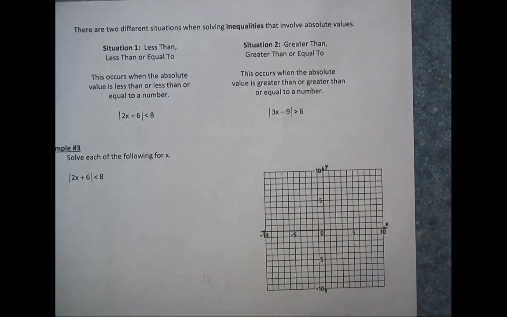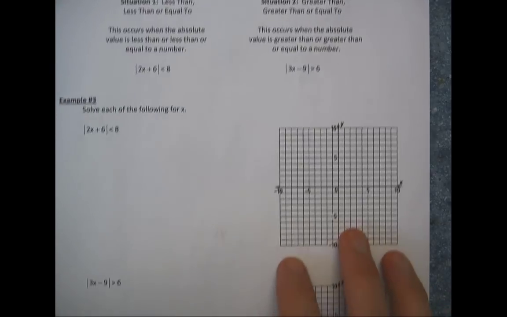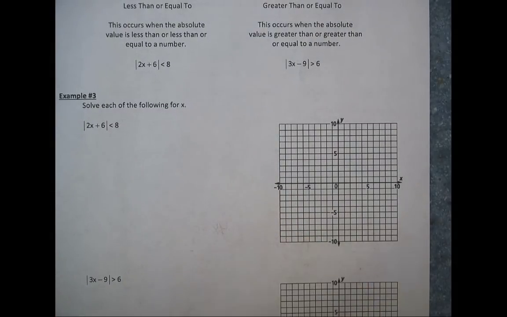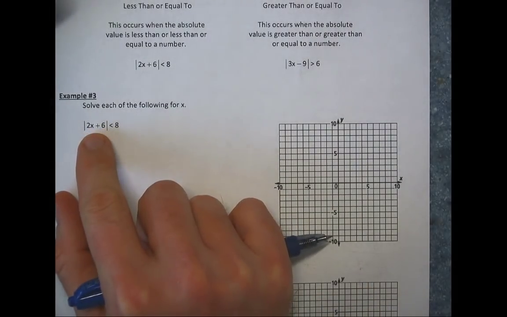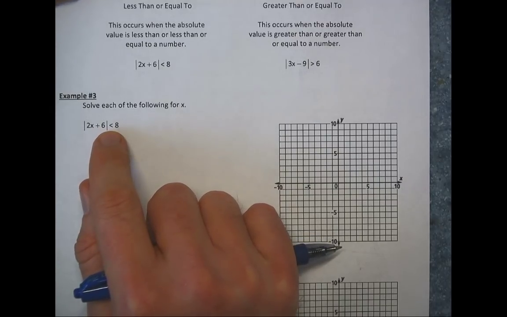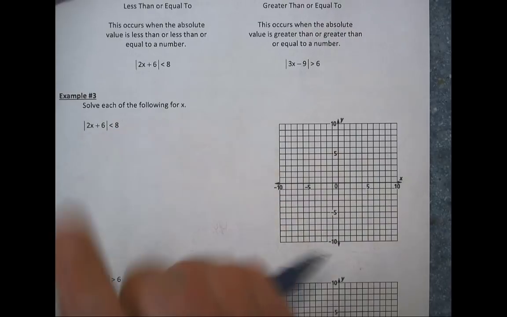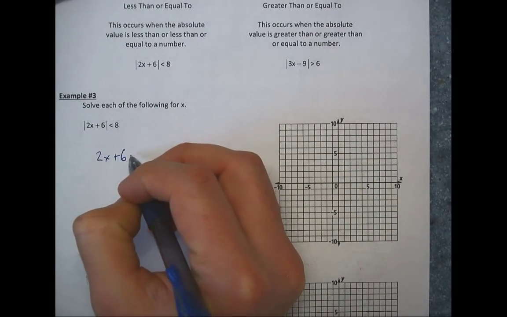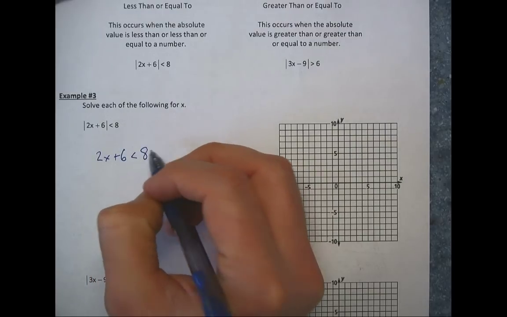Sometimes a graph can make this a little more clear as well. So we're going to look at the graph. We're actually going to play around with the graphing calculators with this as well. So as we slide down here, we're going to solve each of the following for x. So first of all, this 2x plus 6, if it's going to be less than 8, and we're just thinking positives, 2x plus 6, when is it less than 8?